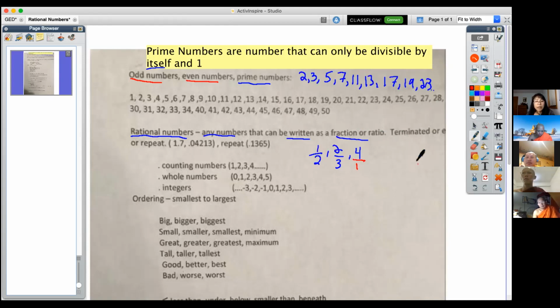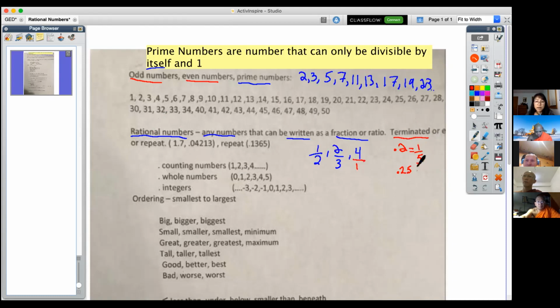All right, and they said a terminated decimal. So 0.2 is also a rational number. Why? Because 0.2 is the same as 1/5, because 1 divided by 5 is 0.2. So 0.2 is a rational number because I can write 0.2 as 1/5. 0.25 is a rational number.